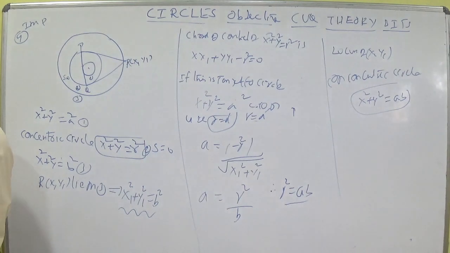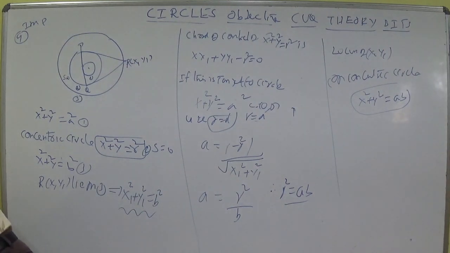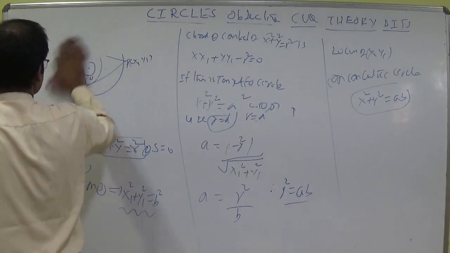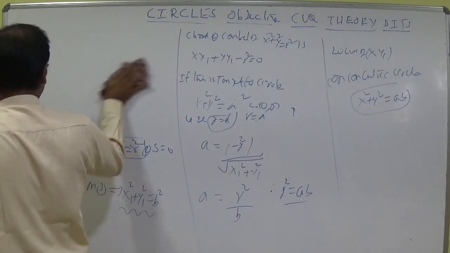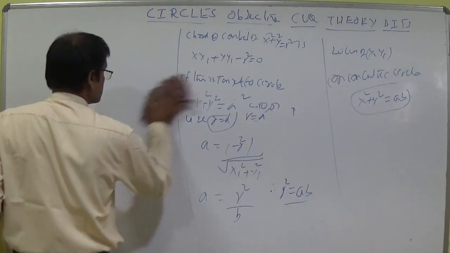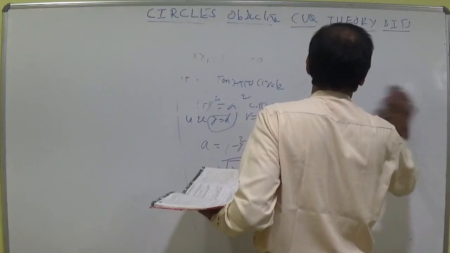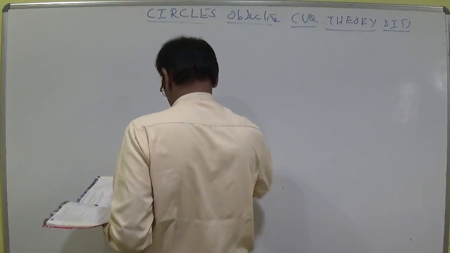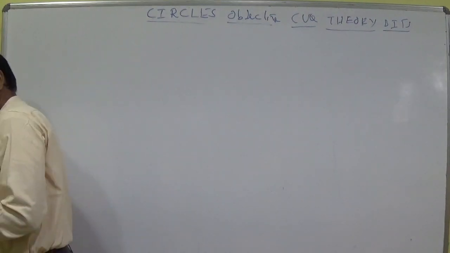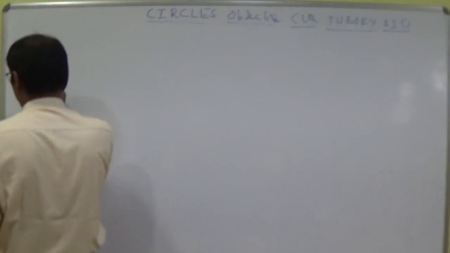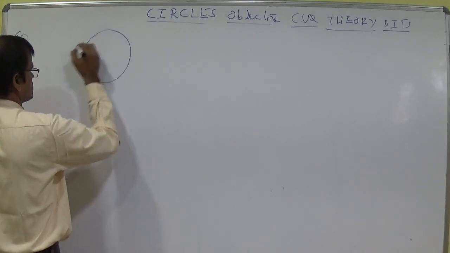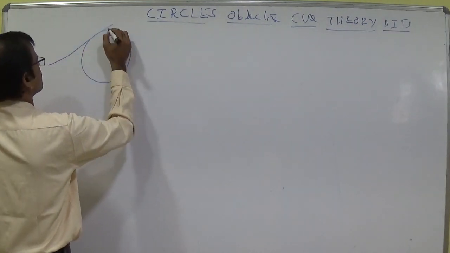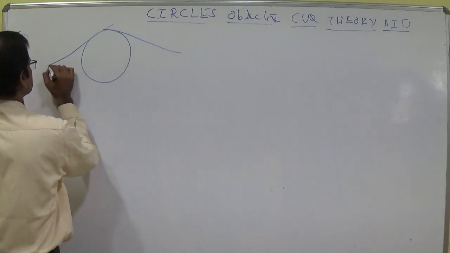Let us discuss the 10th question. If T1 comma T2 are lengths of tangents drawn from conjugate points A comma B, draw a rough diagram like this.